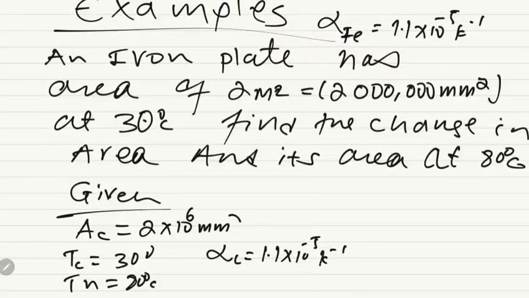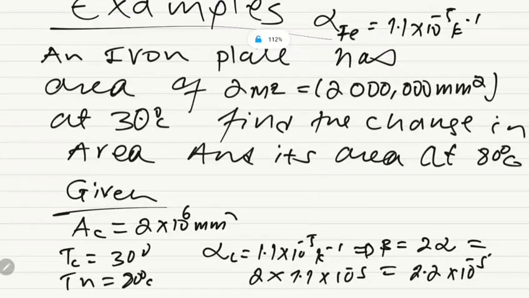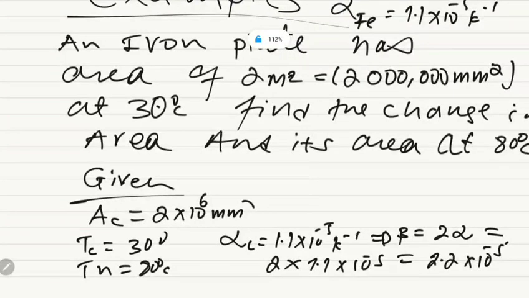Now from this, your beta is double this alpha, 2 times alpha. This is equal to 2 times 1.1 times 10 to the power of minus 5, so this is equal to 2.2 times 10 to the power of minus 5, our coefficient of areal expansion. This is our beta.